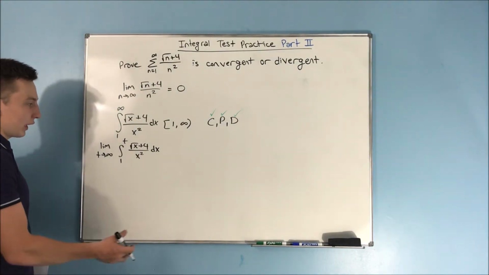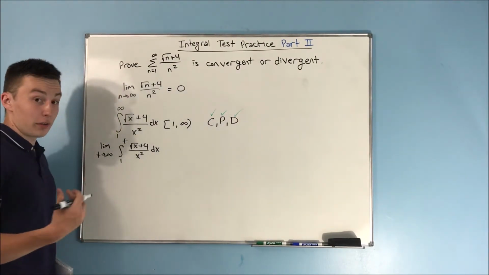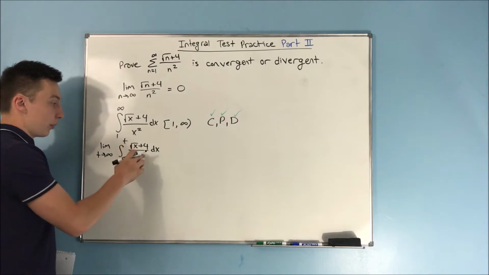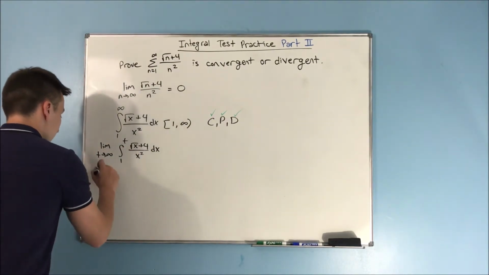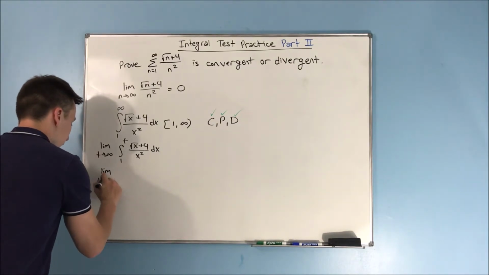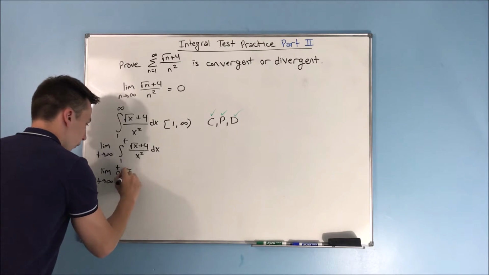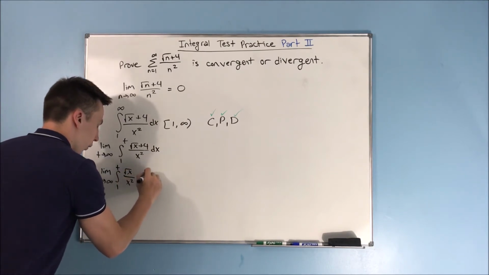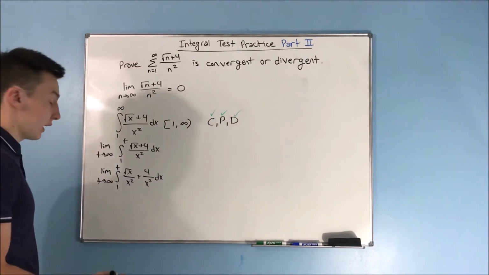This doesn't really look like any of the techniques of integration that we've worked with, but it's actually a lot simpler than you think. You have 2 terms in the numerator and 1 term in the denominator, so you can actually separate this. You can have the limit as t approaches infinity, the integral from 1 to t of rad x over x squared plus 4 over x squared dx. Okay? And then it becomes a lot easier from there.